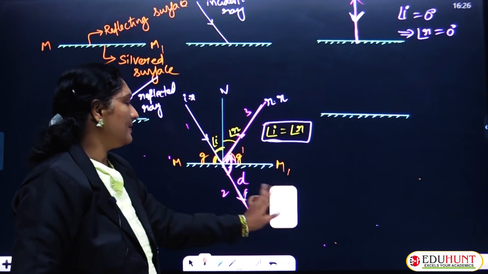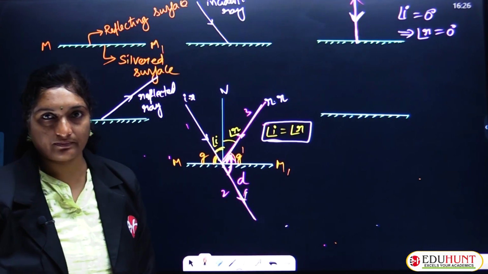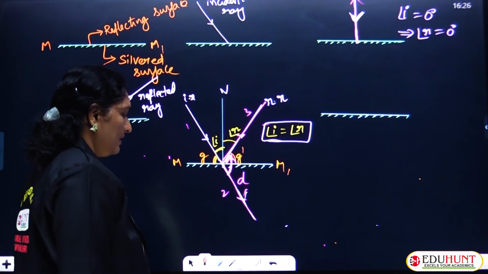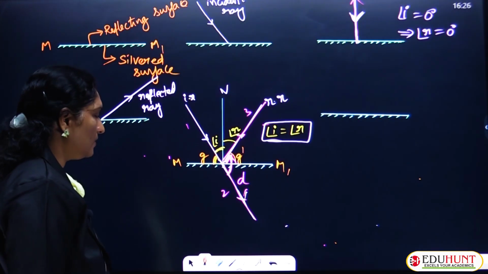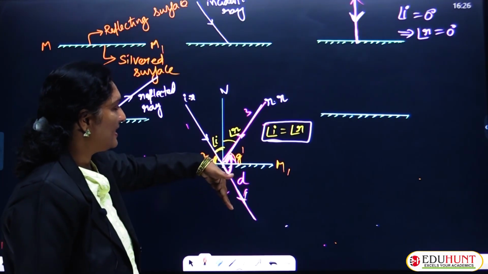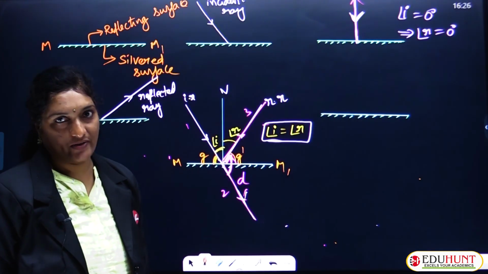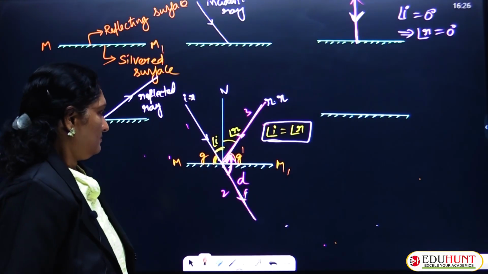For the time being, let us indicate it with D only. Okay, this portion is called your angle of deviation. Instead of going straight ahead, it deviated its path and is going in the reflected region. Clear?